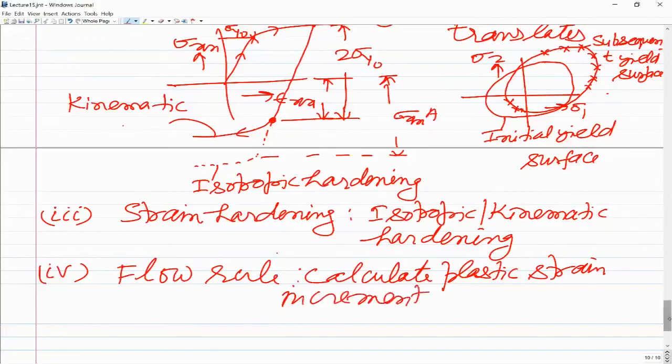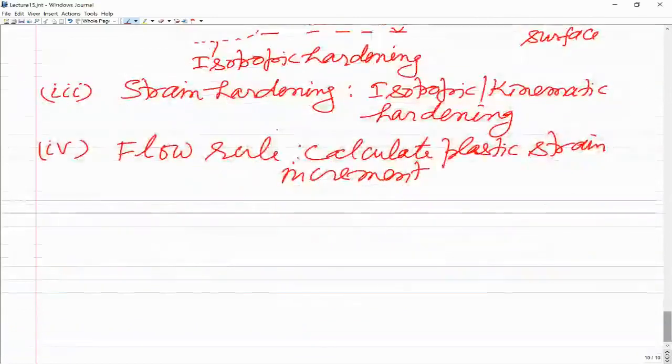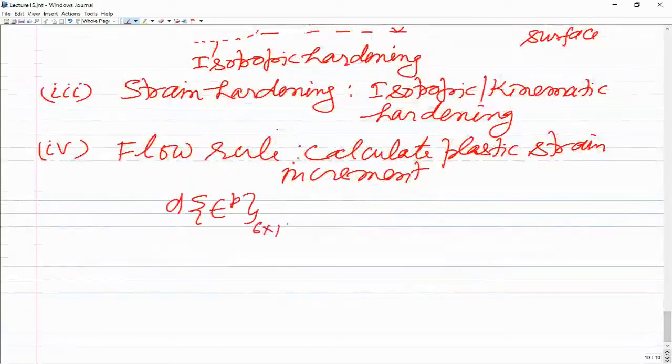And let me write that. Sometimes it is also referred to as the normality rule. So d of the incremental plastic strain, which is a 6 by 1 vector for a general case, would be some multiplier lambda times the gradient of a scalar function q, gradient with respect to sigma, so del q by del sigma.